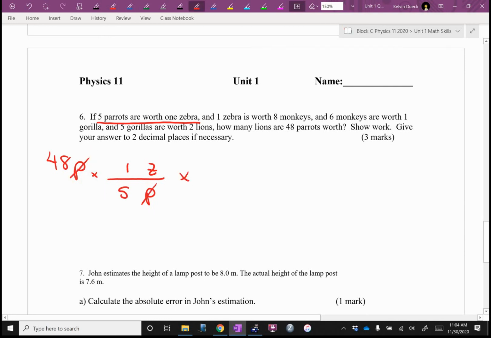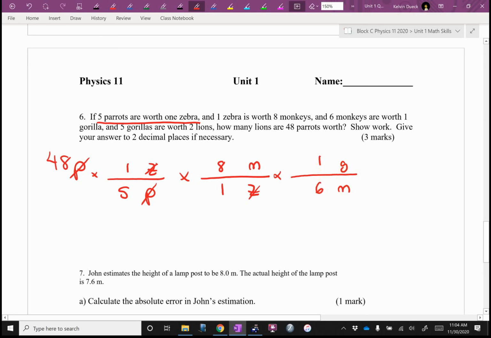If I stop there, I'm in zebras. Where do I want zebras in my next fraction? On the bottom. And apparently I can go with monkeys, and you're telling me 8 monkeys is 1 zebra? Cool. And then monkeys and gorillas, and apparently 1 gorilla is 6 monkeys.